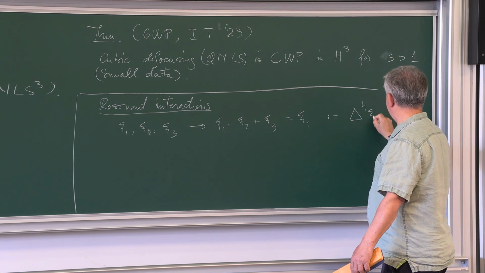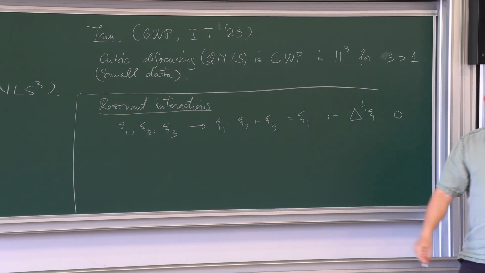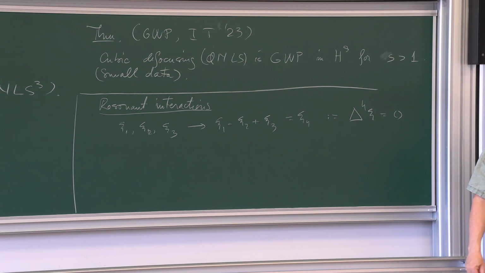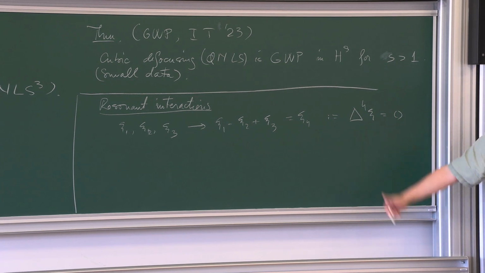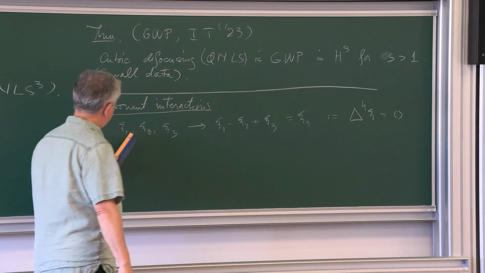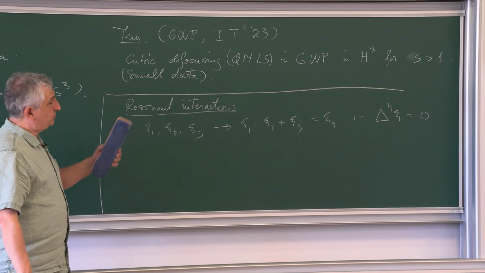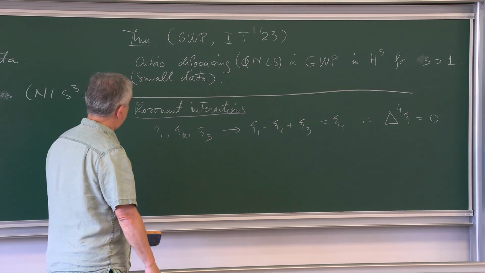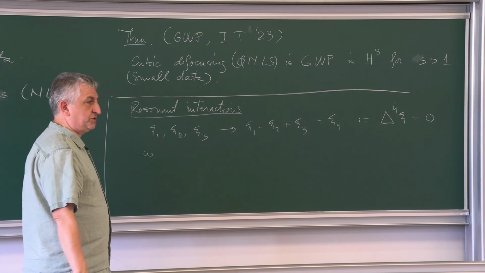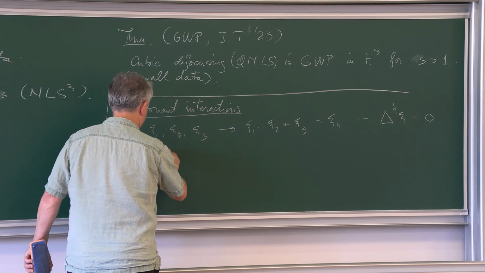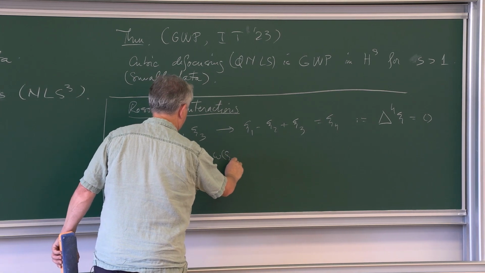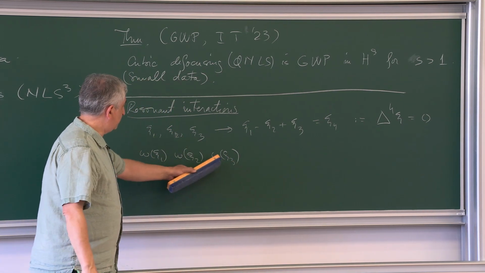Delta for xi is equal to 0. Okay, so this is the signed sum of xi's is equal to 0. This tells you what happens with the spatial frequencies, and then we look at the time frequencies. Here our dispersion relation is xi squared, but let me use the letter omega for the dispersion relation. So omega of xi1, omega of xi2, omega of xi3. These are the three input frequencies.